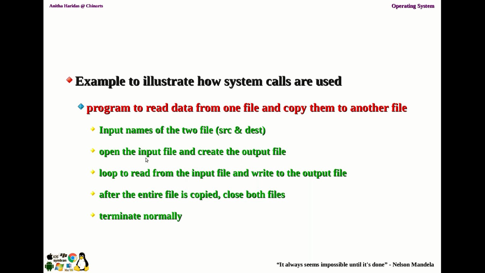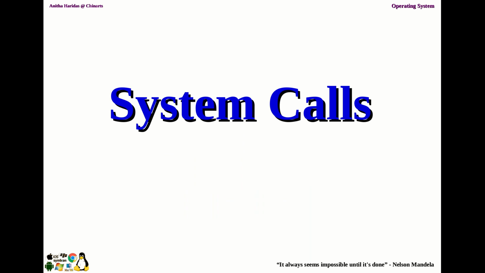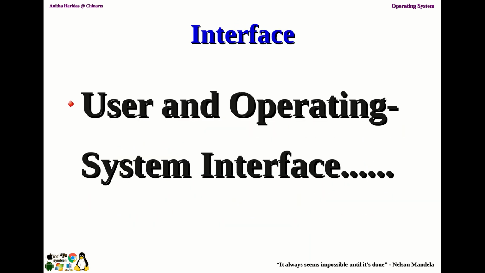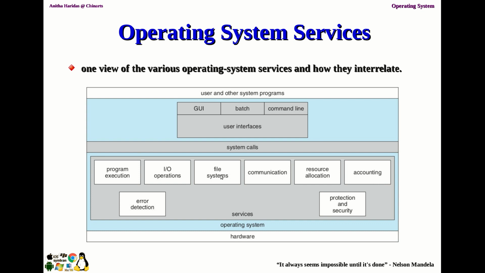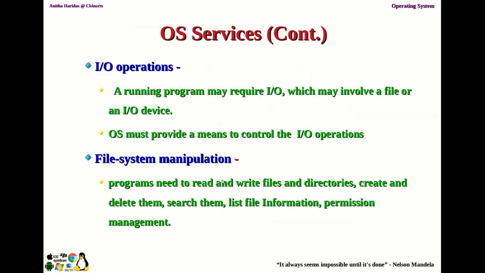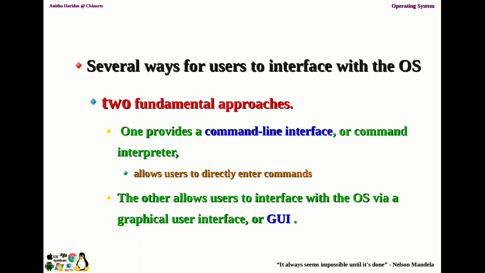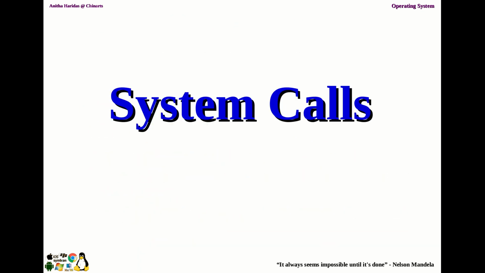Then you need to open the input file. Whenever it is opening the input file, it is completely file system management, right? Let me go back to the image. Here, file system management. We had already seen file system manipulation is one of the services provided by the operating system. So this service is to be requested by your C program, what you have written here for copying a file.